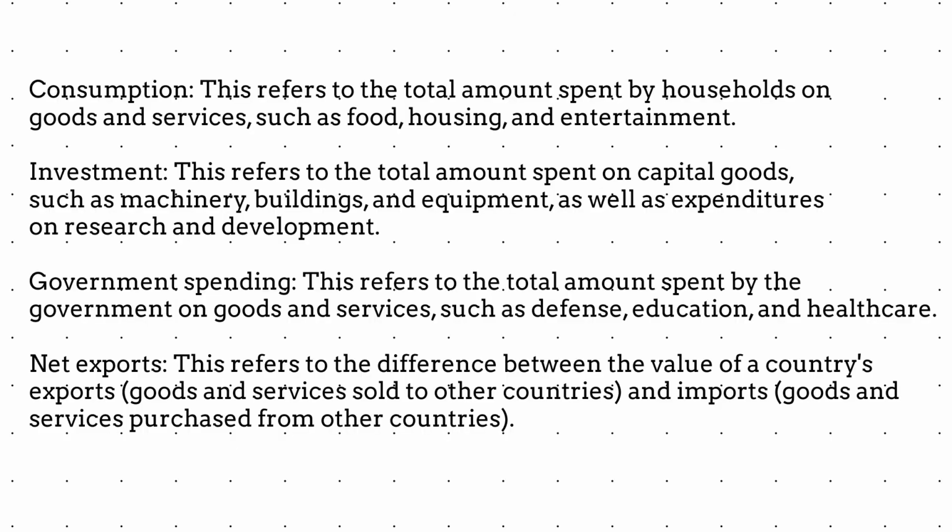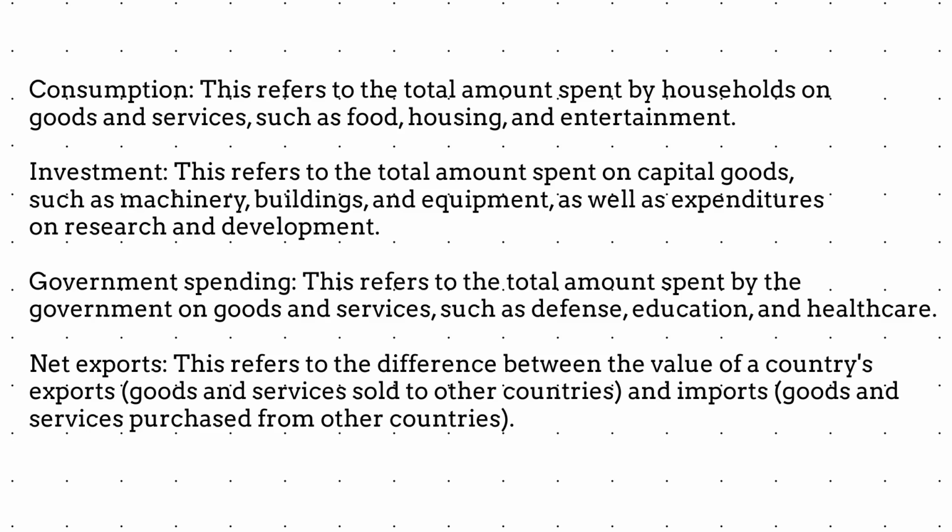Okay, now we know how to calculate GDP, but let's take a closer look at the components of the GDP calculation formula. When we talk about consumer spending, we mean the total amount spent by households on goods and services, such as food, housing, and entertainment. Investment. This refers to the total amount spent on capital goods, such as machinery, buildings, and equipment, as well as expenditures on research and development.